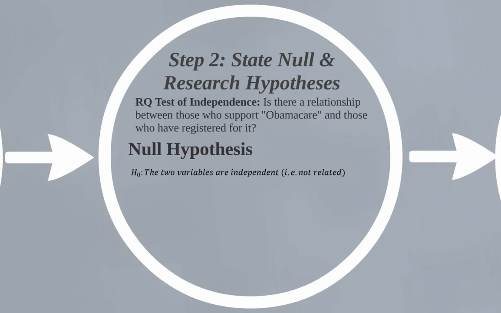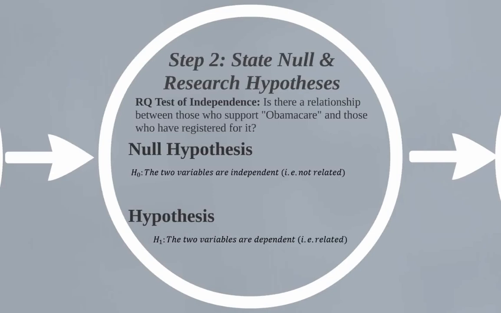It's making the statement that the 2 variables are independent or they're not related, right? Our null hypothesis is always the opposite of what we're trying to prove, or what evidence we're trying to gain. So in this case, the null hypothesis would state that there is no relationship between support for it and registration for it.